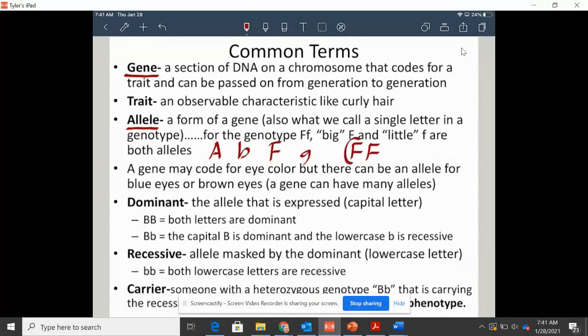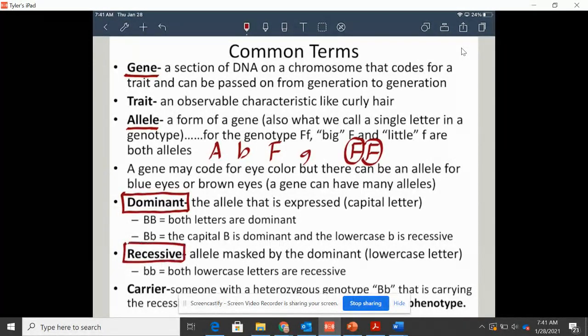Now, how do you decide which of these alleles is going to win and produce whatever trait we're looking for in the person? It depends on whether those traits are dominant or recessive, right? If a trait is dominant, we always show that dominant allele as a capital letter, like maybe a capital B. If the allele is recessive, we always show it as a lowercase, okay?